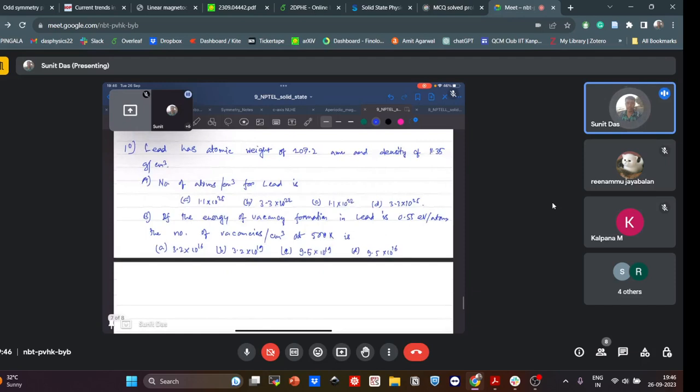Lead has an atomic weight of 207.2 atomic mass units, and a density of 11.35 gram per cm cube. The first question is the number of atoms per cm cube for lead. Then the energy of vacancy formation in lead is 0.55 eV per atom. So let's say we want to remove an atom one by one from the whole lead sample, then we need to give 0.55 eV energy per atom. So the question is, what is the number of vacancies per cm cube at 500 Kelvin?